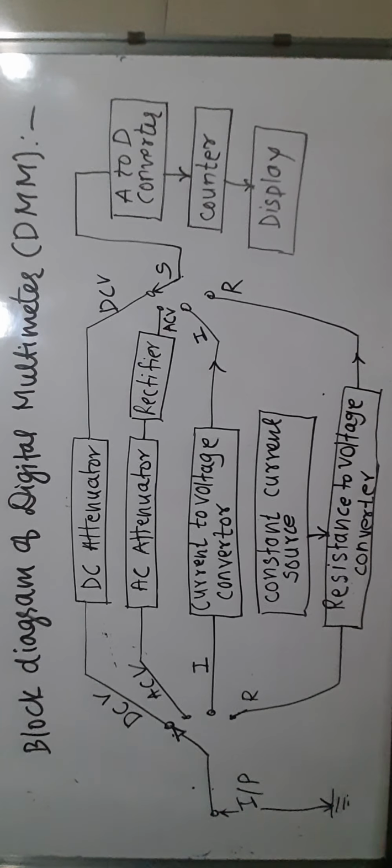Next is it displays the measurement in discrete numerical form, due to which it is very convenient to take reading. Directly we can see the result in numerical form, so we can easily note down the result. Then it eliminates parallax error. Parallax error means if we keep analog multimeter in front of us, then we can see the deflection easily.